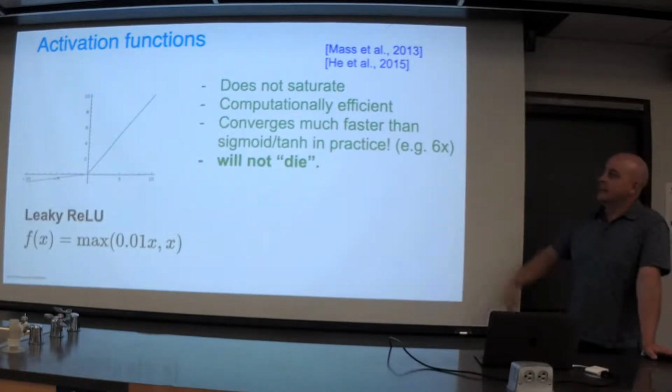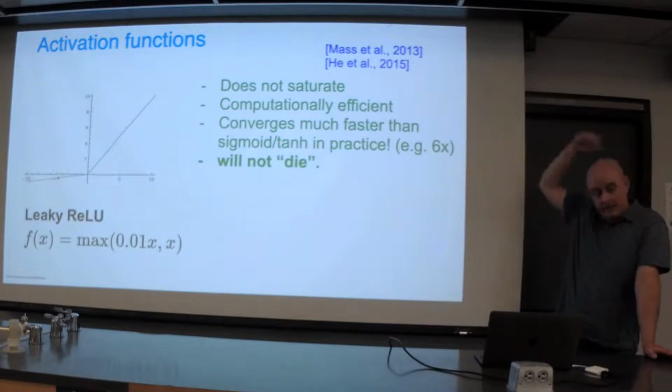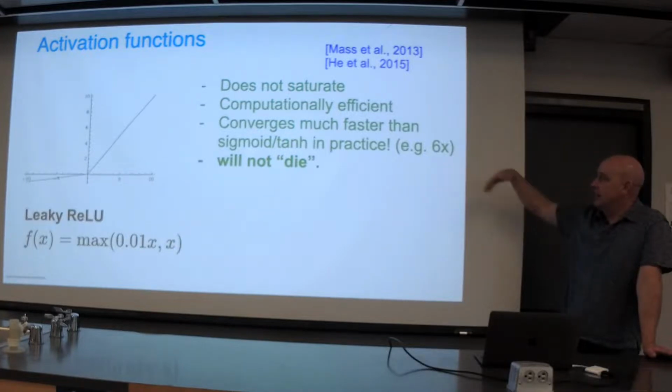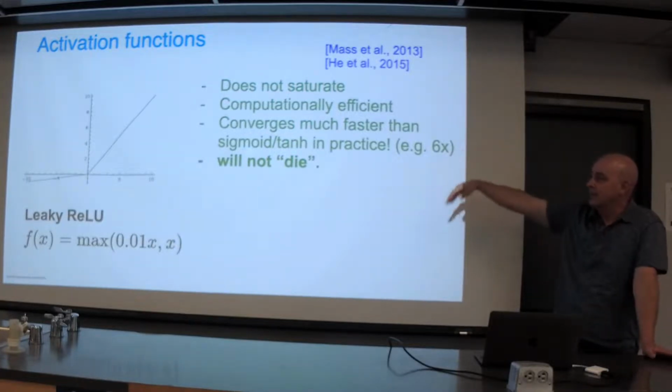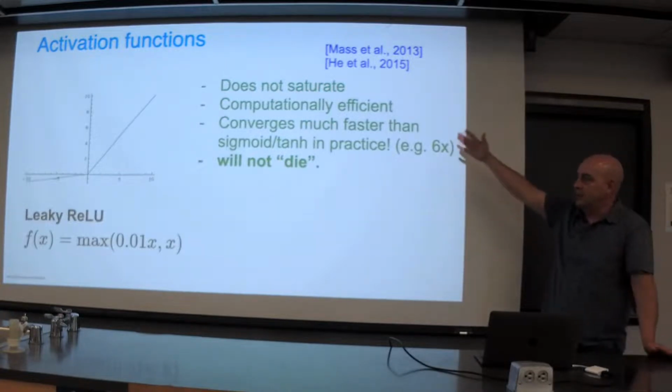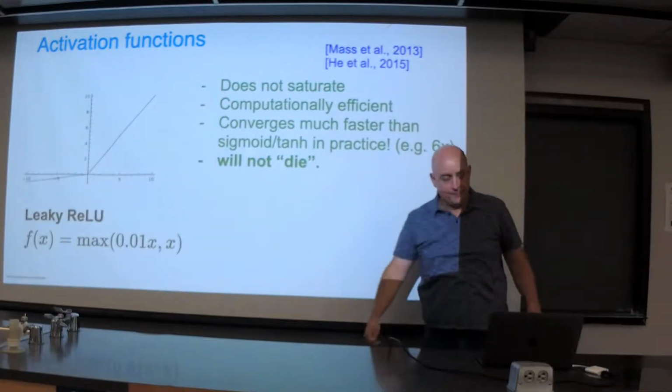So it has all the same benefits as the ReLU, except that it doesn't saturate anywhere. Still efficient. Again, you're going to converge much faster, and there's no saturation. It doesn't die. The gradient doesn't go away.